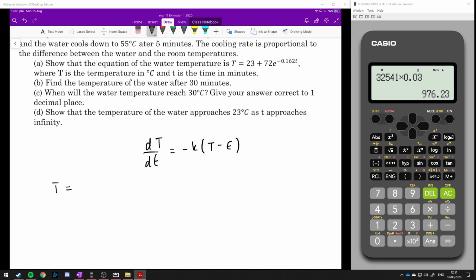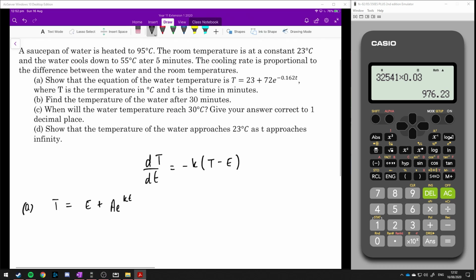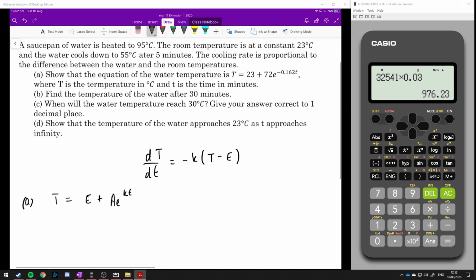So what we're going to be using is T equals E plus Ae to the kt, because we're trying to find the form of the exponential, where we know the environmental temperature is a constant 23 degrees.